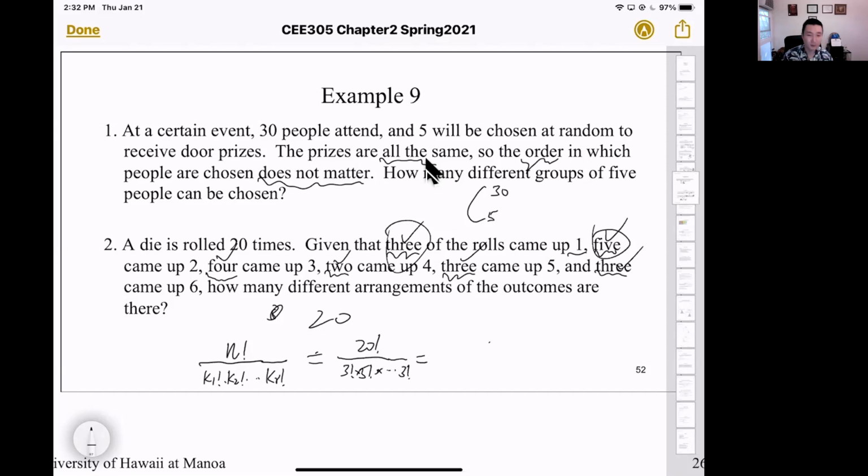All right, the answer is 1.955 times 10 to the power of 12. So many ways.